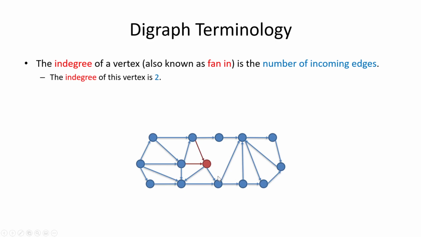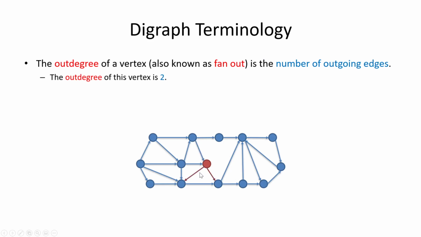Looking at this particular vertex, we can quite clearly see that the indegree is 2. The out degree is also 2, which is also known as the fan-out, which is just, again, the number of outgoing edges. So here we are defining what an outgoing edge is as well.